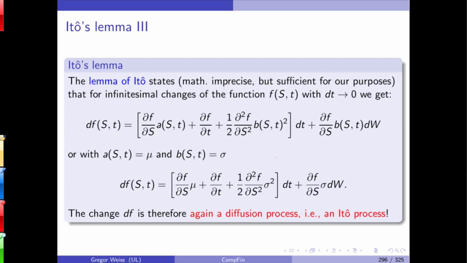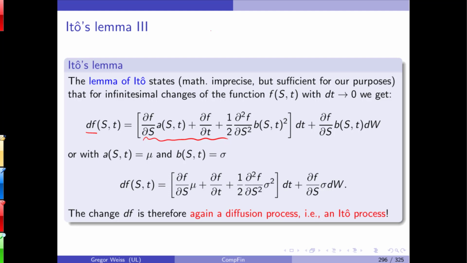Ito's lemma states, it's not 100% perfect, mathematically speaking, but it's sufficient for our purposes. For an infinitesimal change of the function f in a diffusion process S and time, with a small, infinitesimally small change dt in time, we get the change of the function is given by yada yada yada dt plus yada yada yada dW.